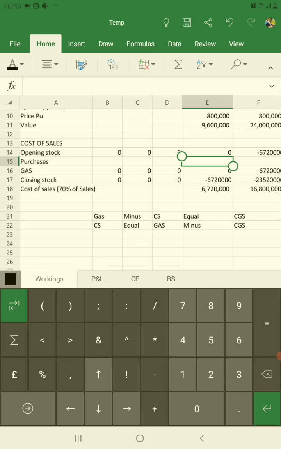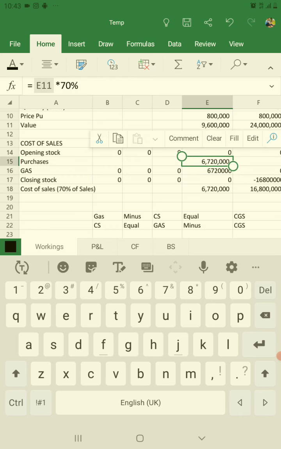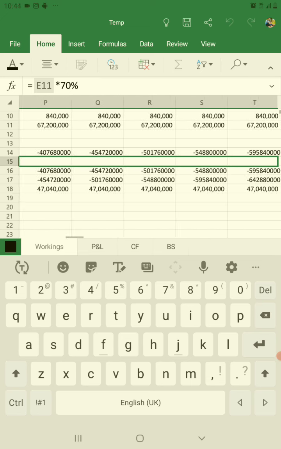So in this example, our purchases is equal to, with an equal sign, this sales value times 70%. That is the cost of our purchases. So this is what we were purchasing during the month. So I can fill this to be true for the rest of the projection horizon.